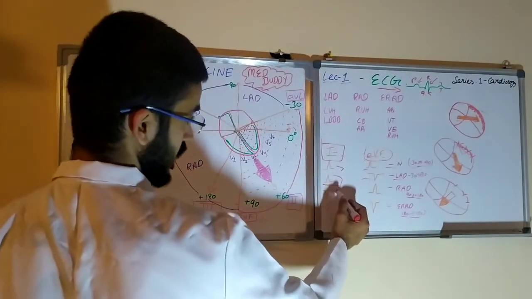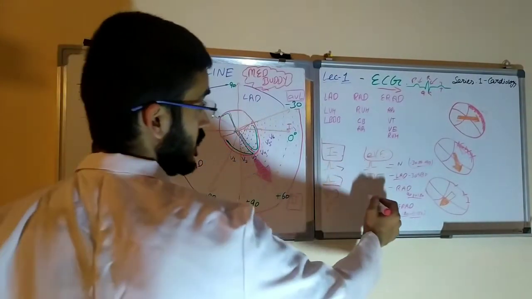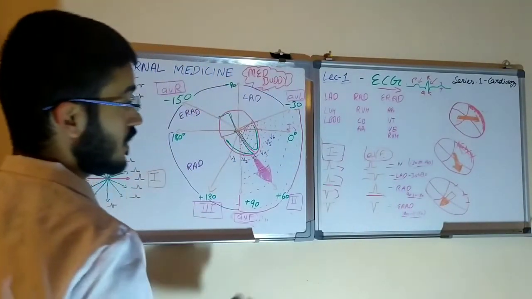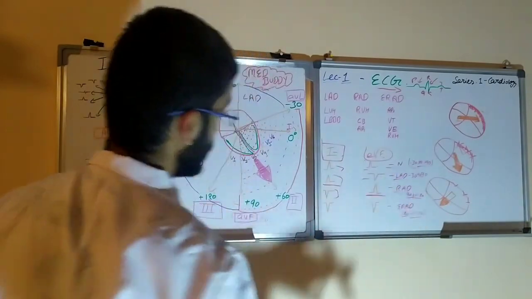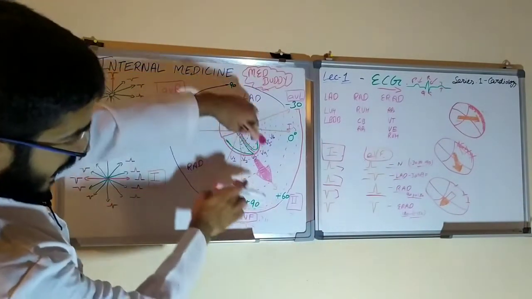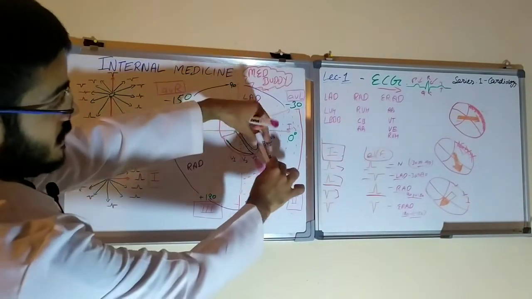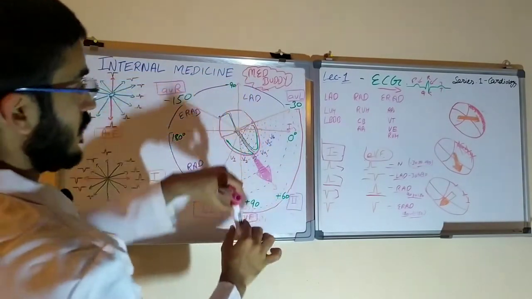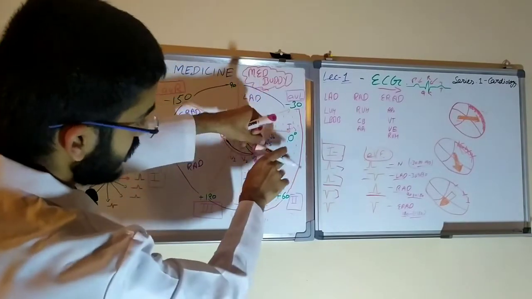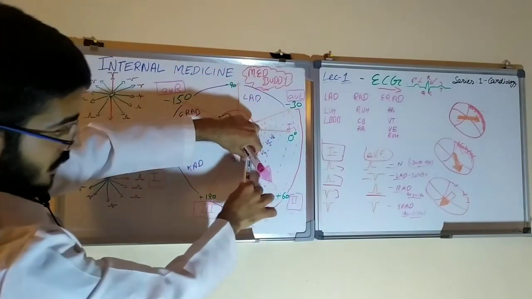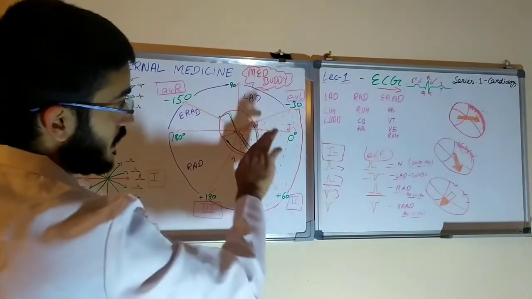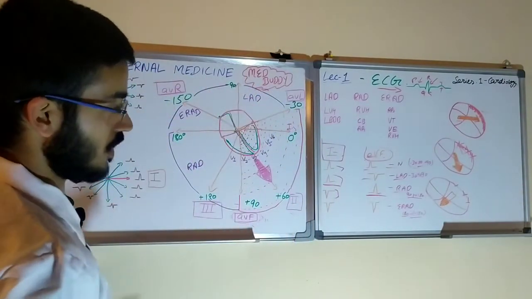Now if the first lead is negative and the AVF, the vertical lead, is positive, it will be the right axis deviation. How? Now this is the axis, and it has deviated towards this side. So the complete axis has shifted towards the right, which means now the first lead is not in the axis of the heart.